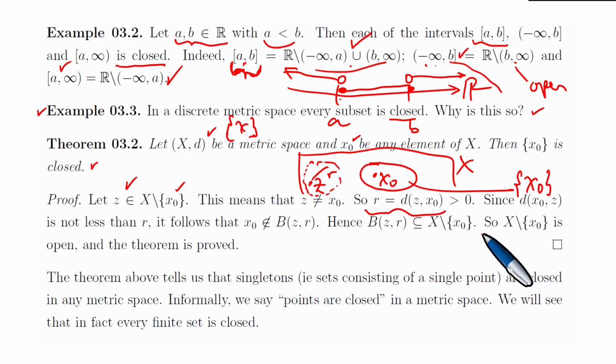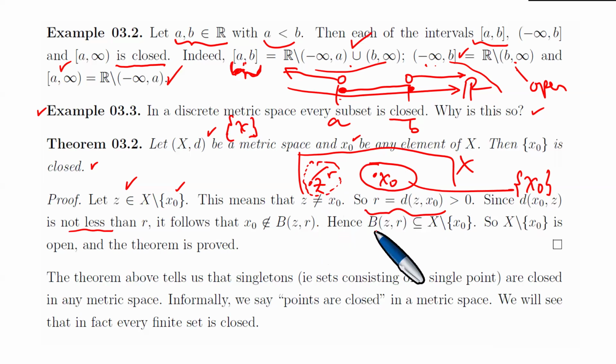Then we said, since the distance between X0 and Z is not less than R, because they are far away from each other, it's actually bigger than R. It follows that X0 is not an element of this open ball of center Z and radius R. So X0 is outside this open ball.